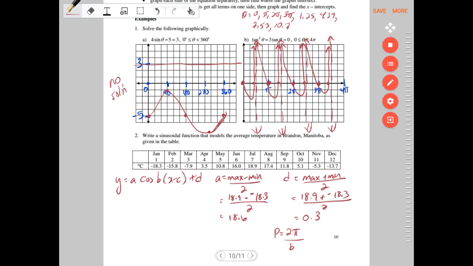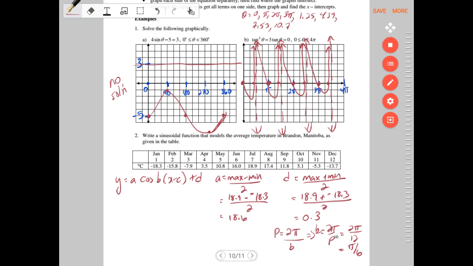Okay, so period is 2pi over b, which means that b is equal to 2pi over the period, and the period is 12 months, so 2pi over 12, which is equal to pi over 6. Okay, and because we are using cosine, we don't have to worry about a horizontal shift. We just have to make sure we do a vertical reflection, because we're starting with the minimum on the y-axis instead of the maximum.